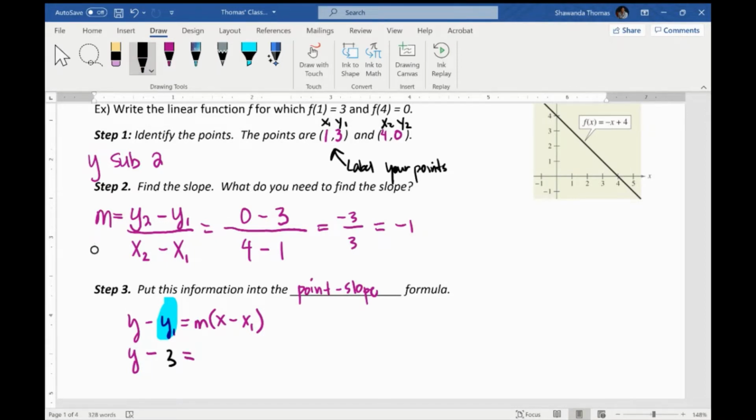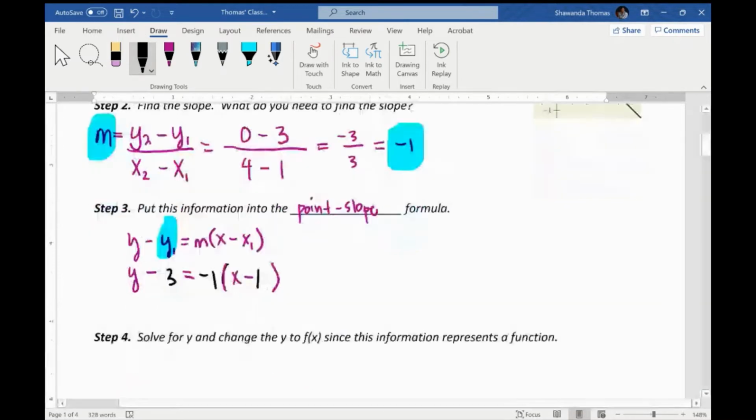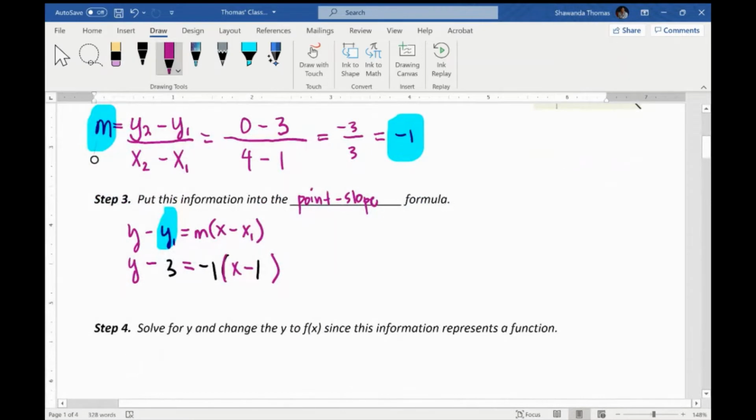Negative 1, because m here is negative 1. Times x minus x sub 1, which is 1. Very nice. Then we have y minus 3 equals negative 1 times x minus 1. We need to clean up the right side. So what do we need to do to the right side?